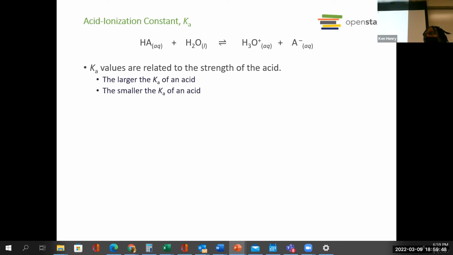If you have a large Ka value, then you're going to have a strong acid. And if you have a small Ka value, you're going to have a weak acid.